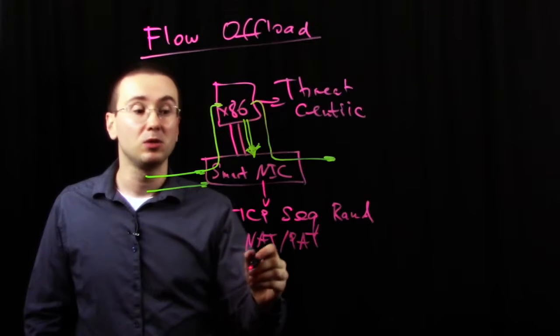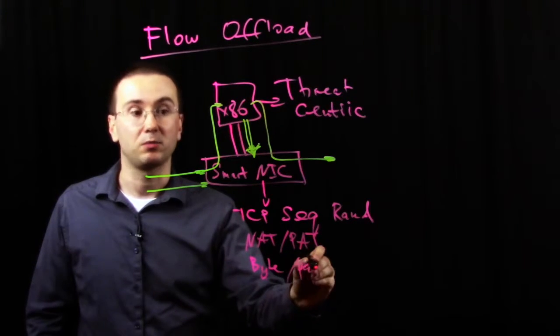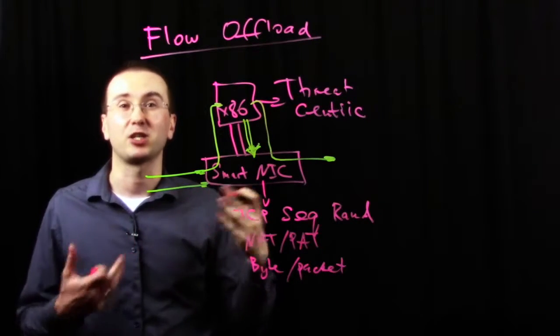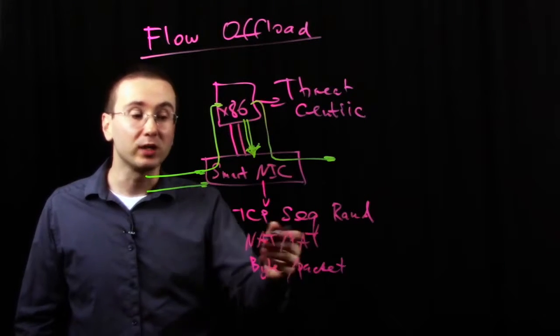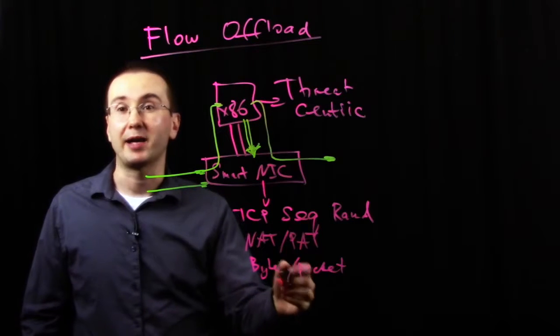It will also keep track of byte and packet count. Basically, all the things that you are getting on the firewall as far as connection tracking, since the TCP sequence number progression checks, will still happen. So sequence number, NAT and PAT rewrites, byte and packet tracking.